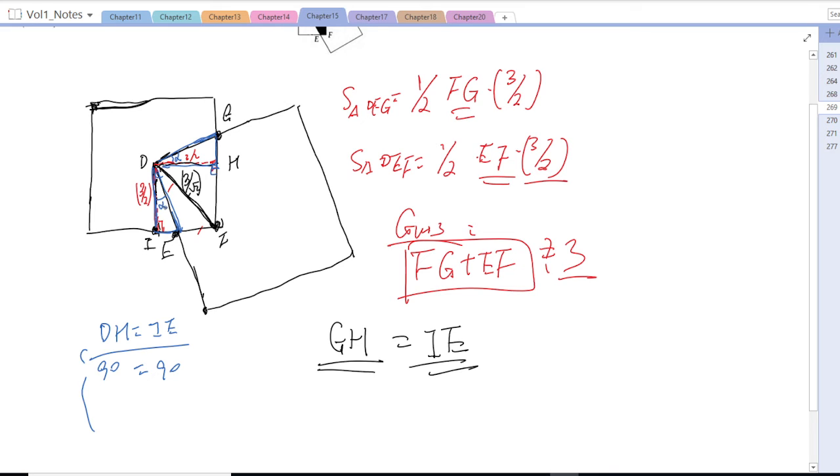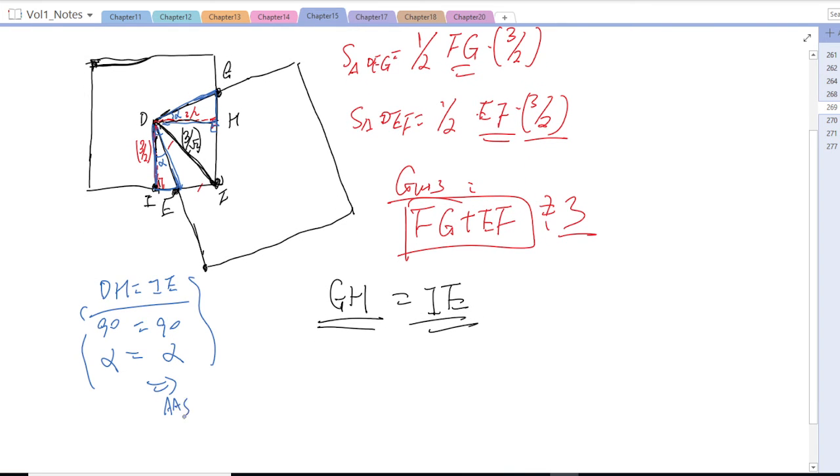So this is also alpha degrees, right? So this alpha equals alpha. Then we have the angle side. Then what do we have? We have the AAS. We can have the triangle GDH congruent to triangle EDI.